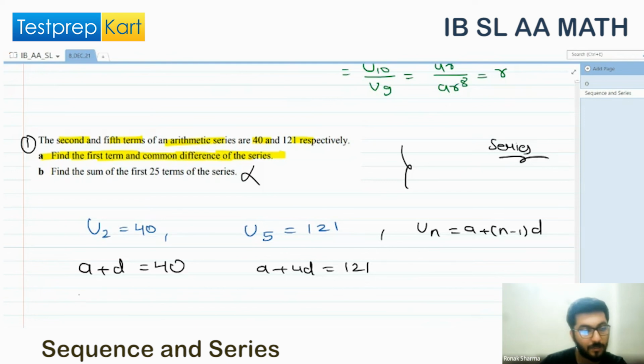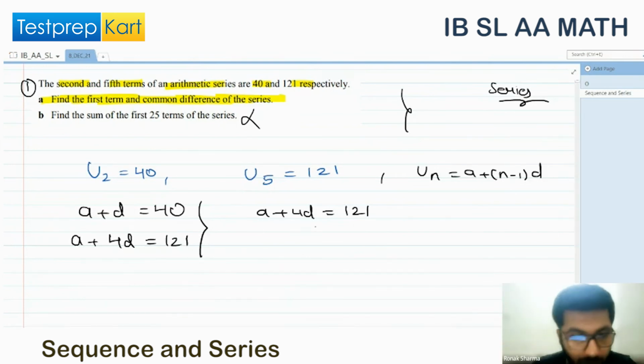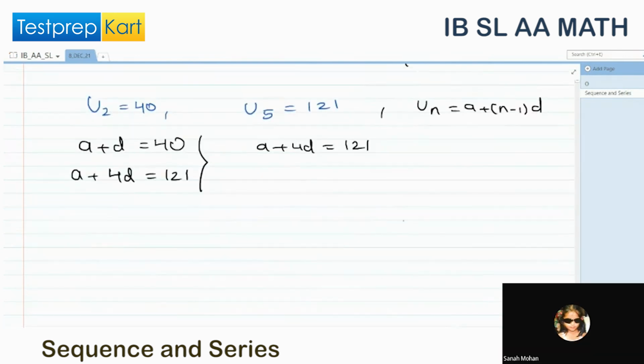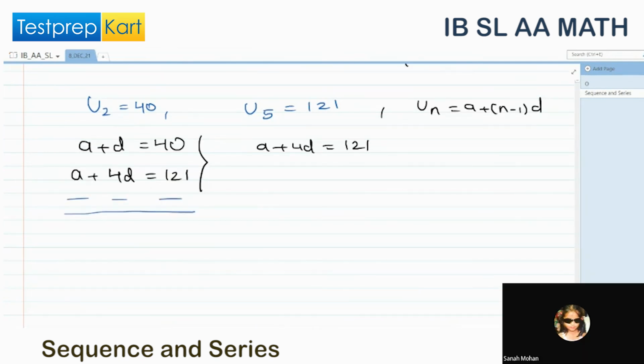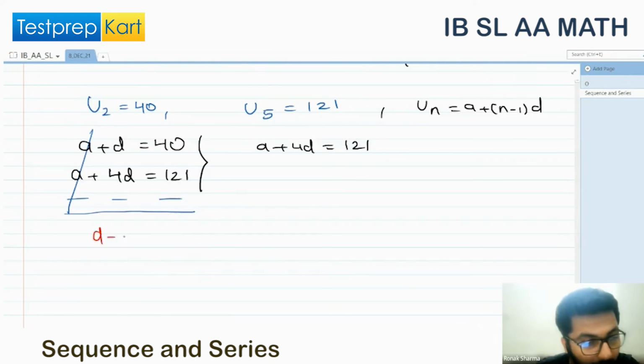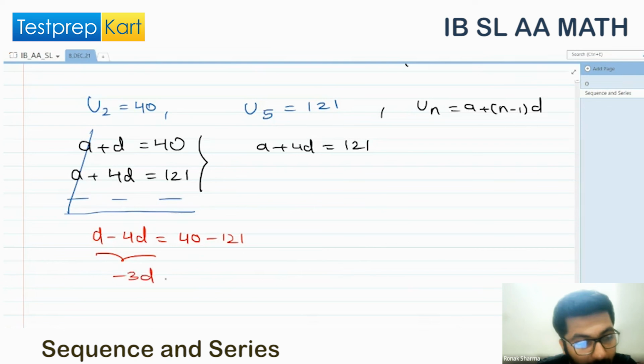Now I'll ask you to solve these two equations and tell me the value of A and D. Come on, these are simple equations. Subtract them. After subtracting, A will cancel out. We'll get D minus 4D and 40 minus 121. D minus 4D is minus 3D, 40 minus 121 is minus 81. That means D is 27. 81 by 3 is 27.